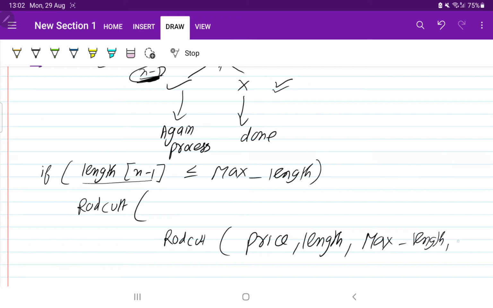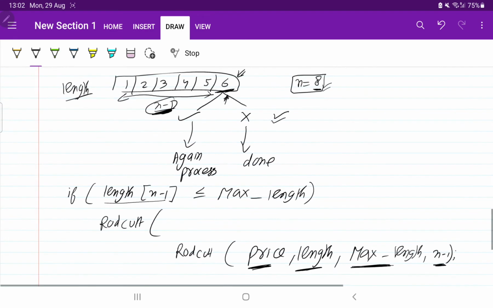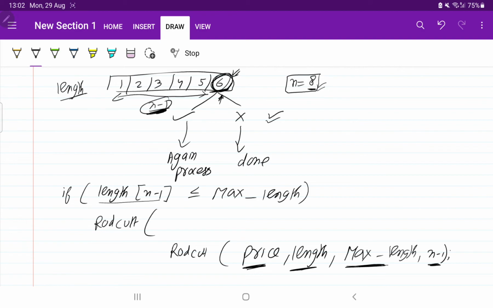So maximum length will be same, but the number of elements in the array are decreased now. Okay, price array is same, length array is same, maximum length is same, but the number of elements are decreased because we have told that we are not going to take this element. Are you getting my point, what I want to say? I hope you got it, right?